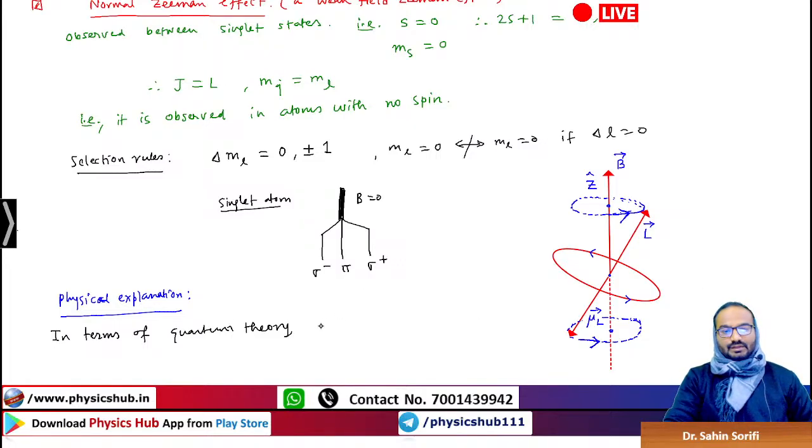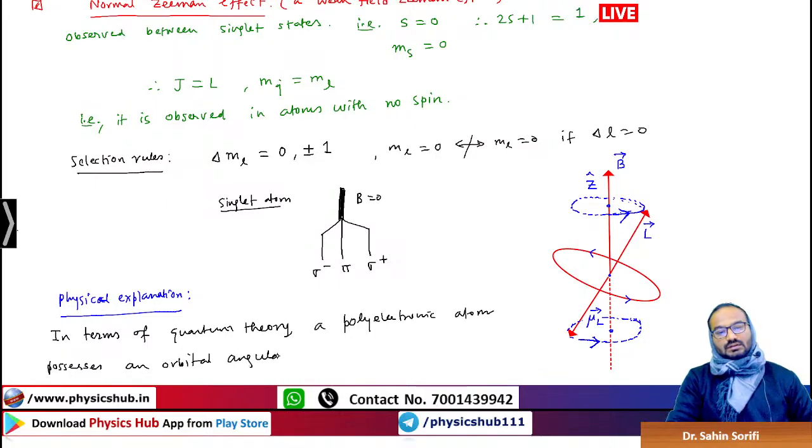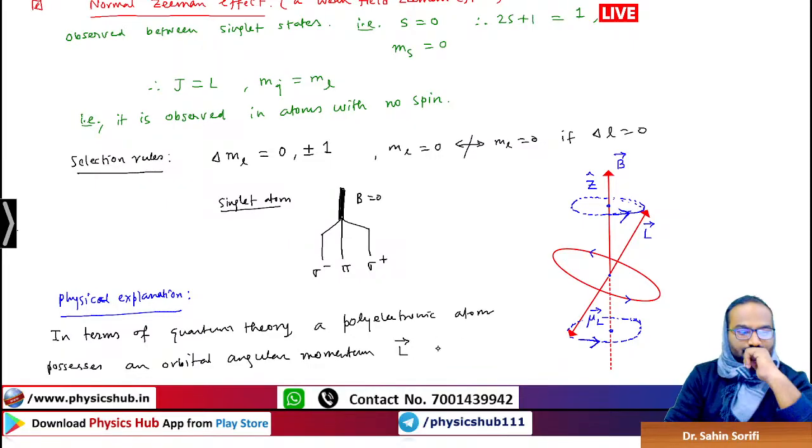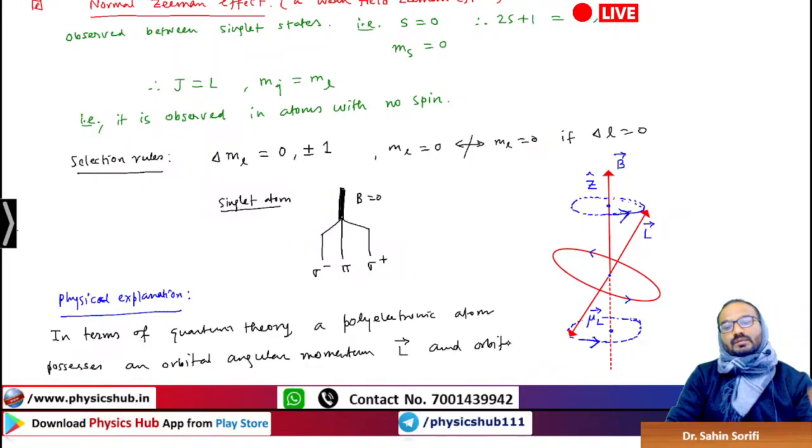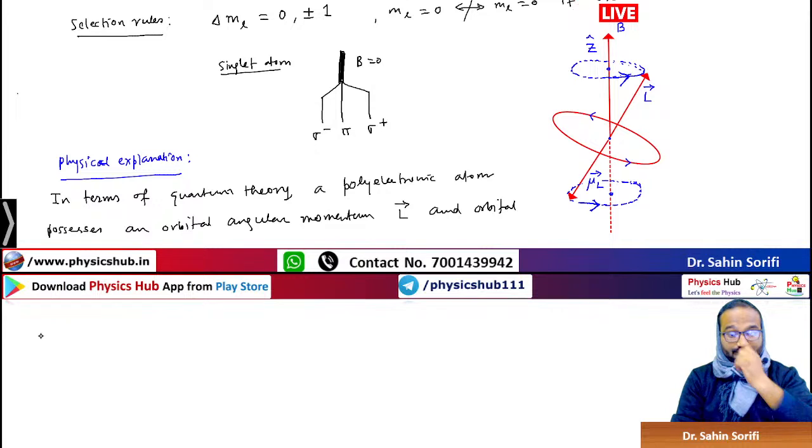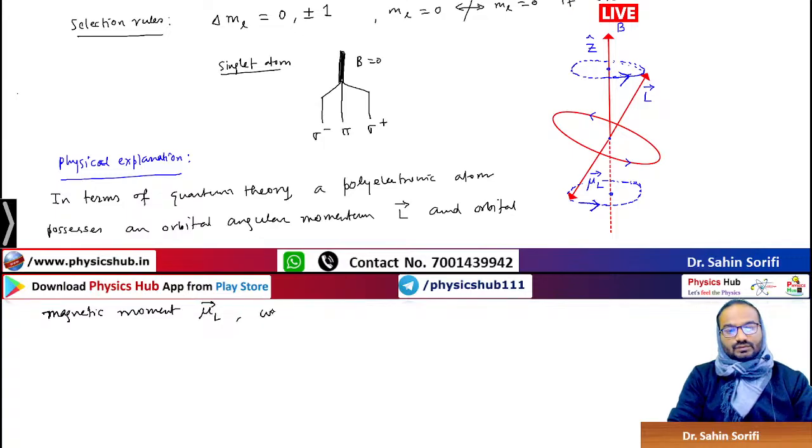In terms of quantum theory, a polyelectronic atom possesses an orbital angular momentum, let's say L, and orbital magnetic moment mu L, with gyromagnetic ratio.